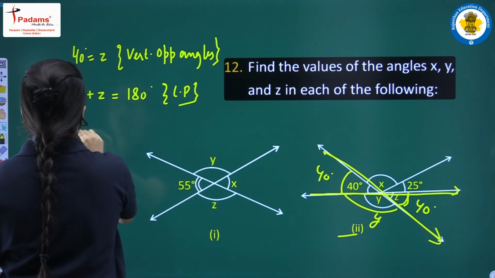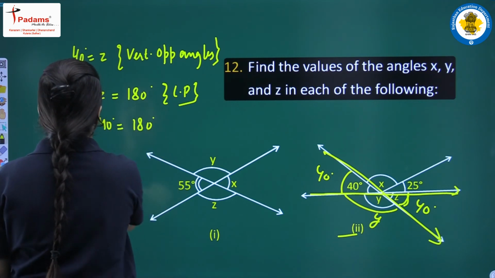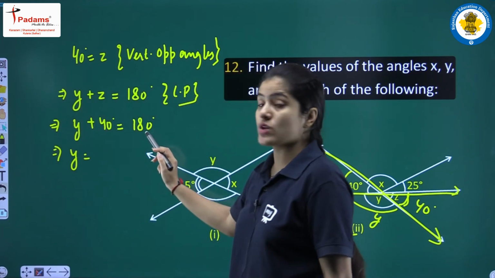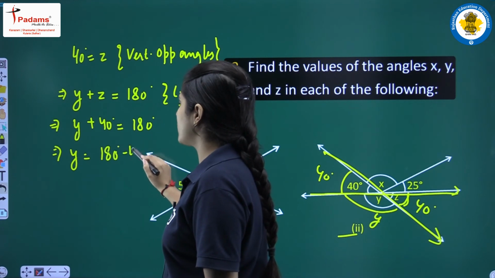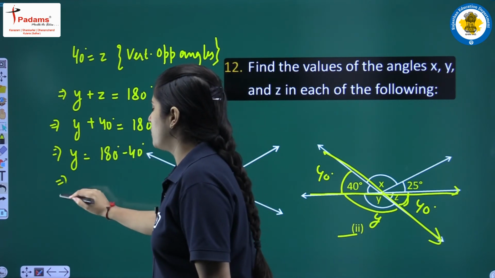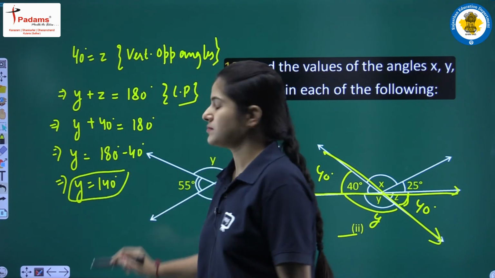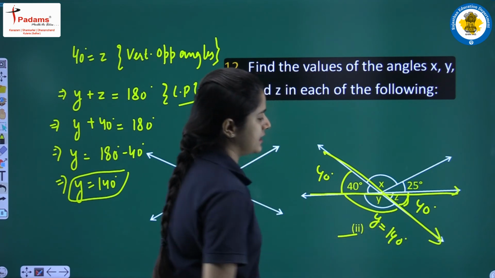So, if z is equal to 40 degrees, then this 40 will be transposed to this place, so it will become 180 degrees minus 40 degrees, so y is equal to 140 degrees, right? So students, y is equal to 140 degrees.